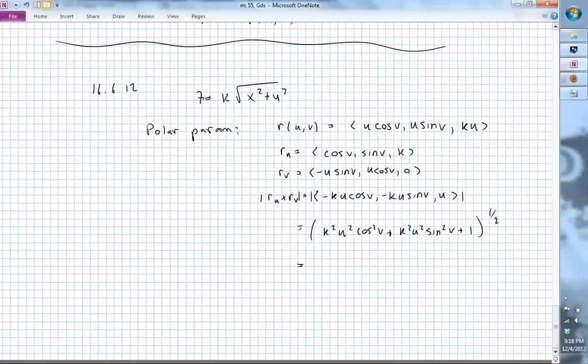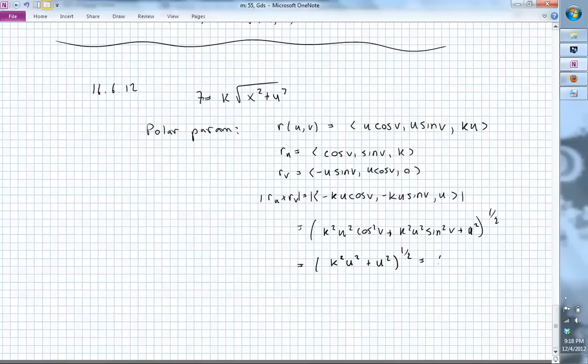The cosine squared and sine squared terms combine to give me k squared u squared plus another u squared, I guess.